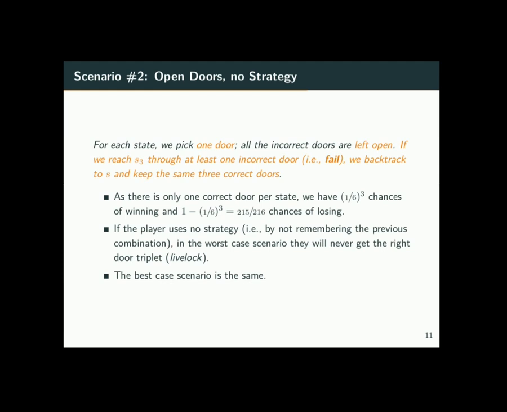But if you're not adopting a strategy, and that is the key point, in the worst case scenario, you might stubbornly try the same configuration that doesn't lead to an acceptance state, or you're always taking configurations of doors that are not leading to winning, and therefore you might be stuck in a livelock.